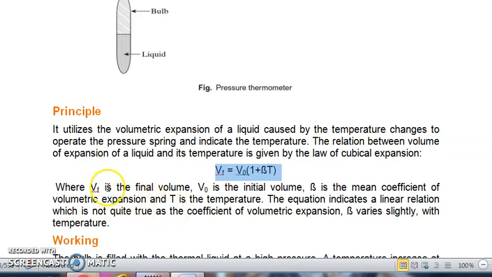But Vf is the final value, meaning when you are going to measure the rise in temperature, at that time what is the volume of the liquid, and β is the mean coefficient of volumetric expansion, and capital T is the temperature. When we write capital T, it means temperature is in Kelvin. Okay. So, based on this formula, the pressure thermometer works.